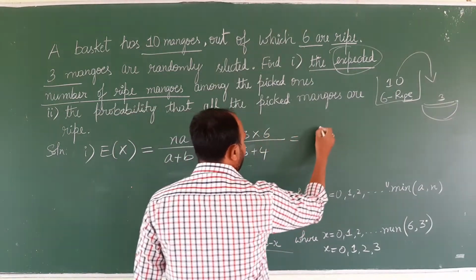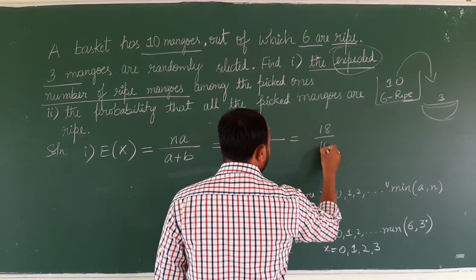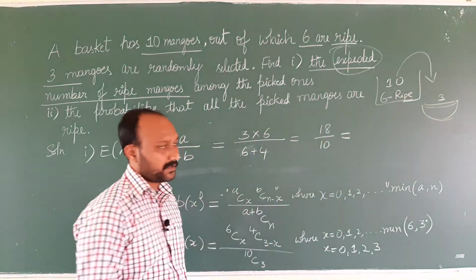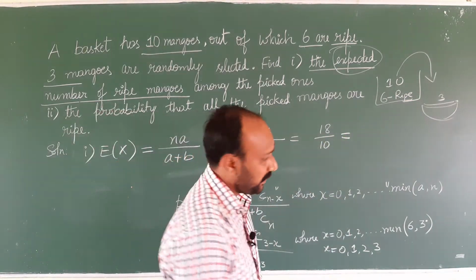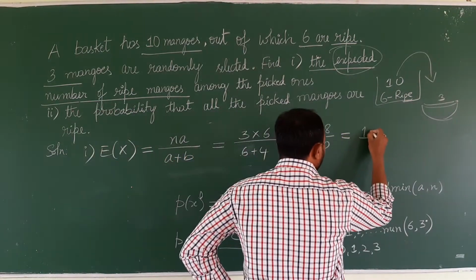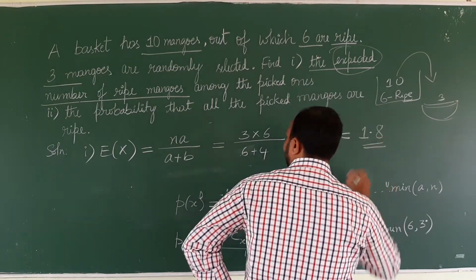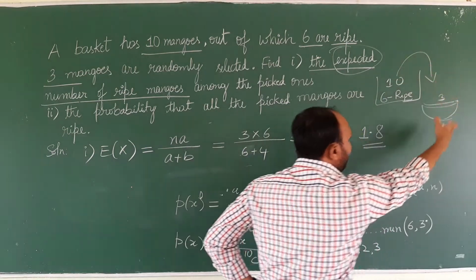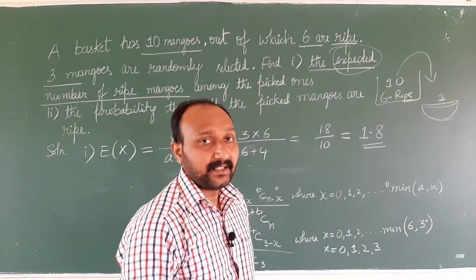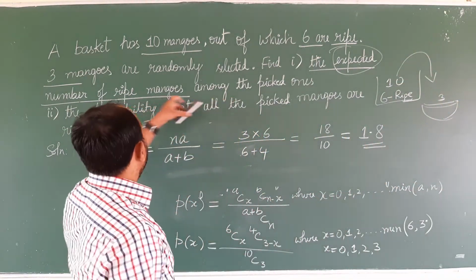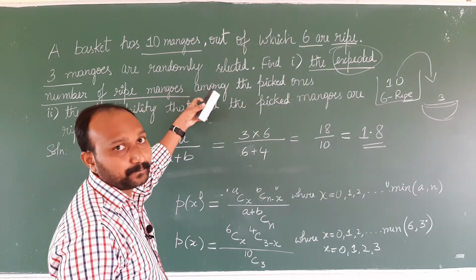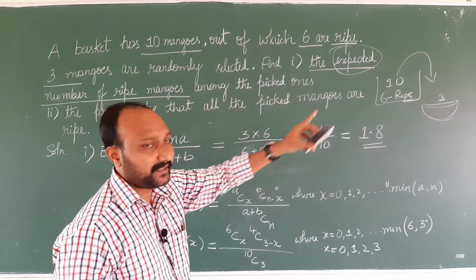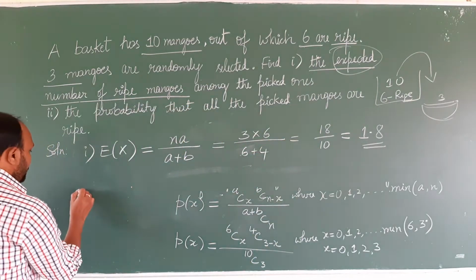So 6 3s are 18, 18 divided by 10 is 1.8. That is the expectation of the number of ripened mangoes. So we have solved the first question.